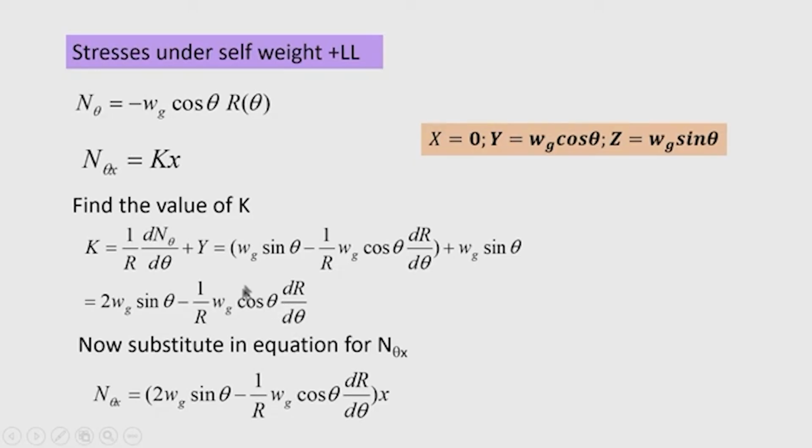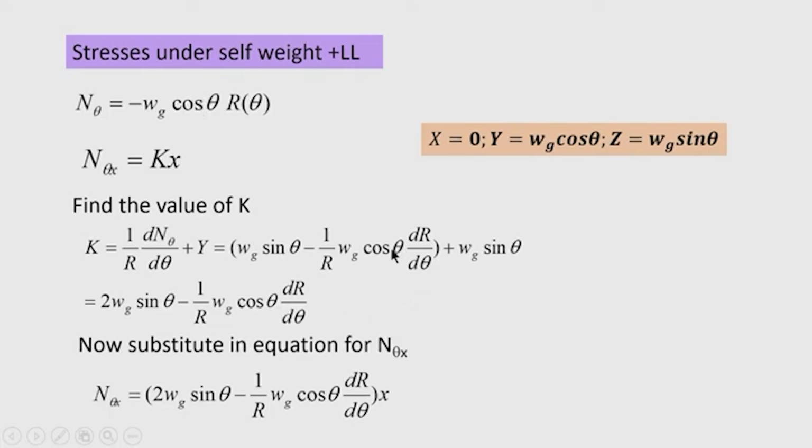When you differentiate this expression, two functions are involved, cos theta and r theta. If you differentiate cos theta first, r theta remains as it is, then you differentiate r theta and cos theta remains as a coefficient.